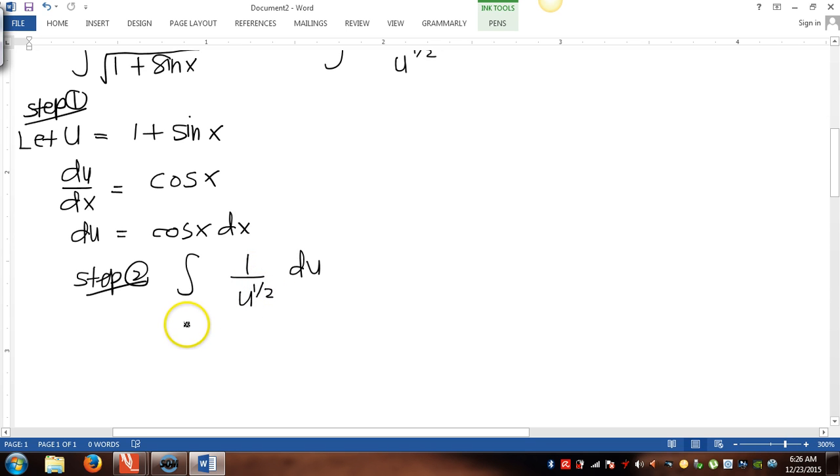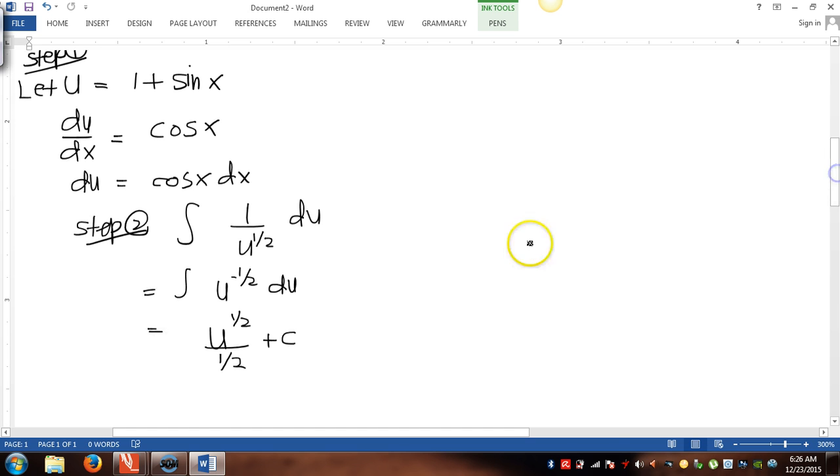So actually this is u to the power of negative half du. We integrate it and we get u to the power of negative half plus 1, over a half, plus c. Simplify, then we get 2u to the power of a half plus c.